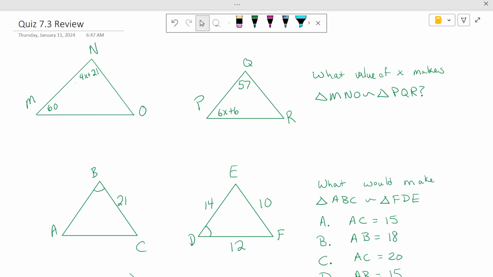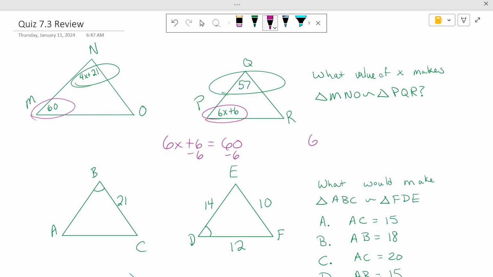Okay? So these two are equal to each other. These two are also equal to each other. Doesn't matter which one I do, so maybe I'll do the bottom ones. 6x plus 6 is equal to 60. How do I solve that equation? What's my first step? Subtract 6 from each side. So 6x equals 54.